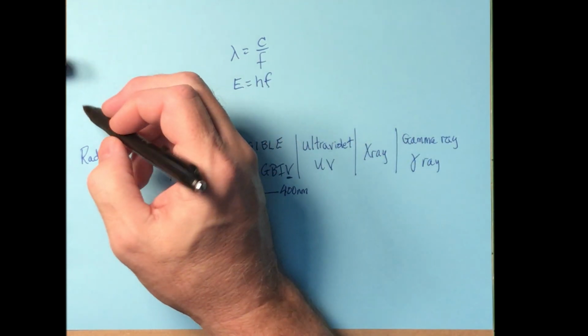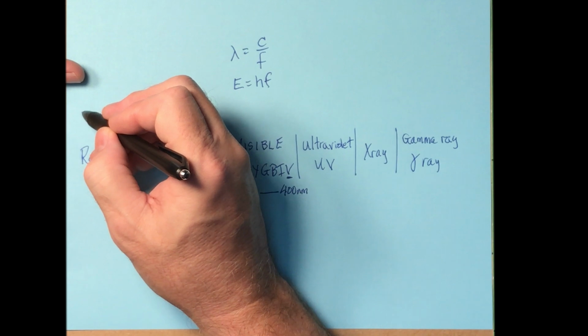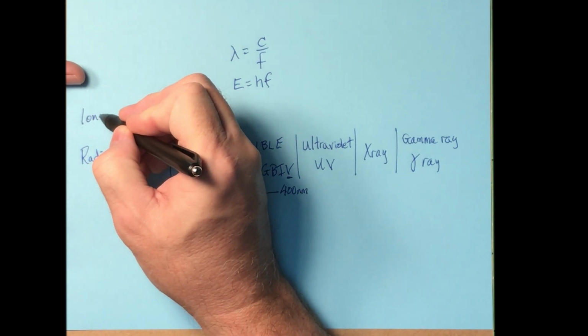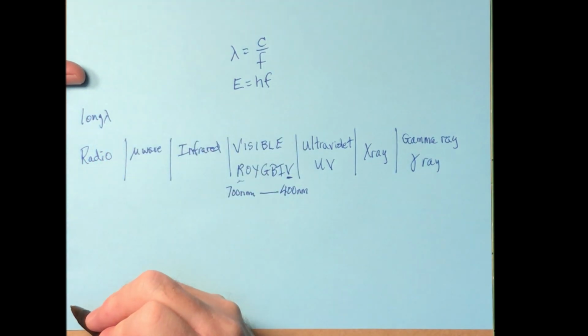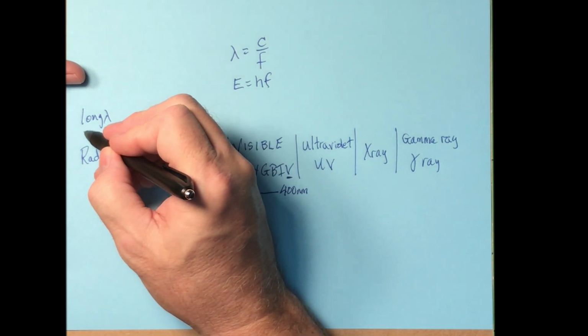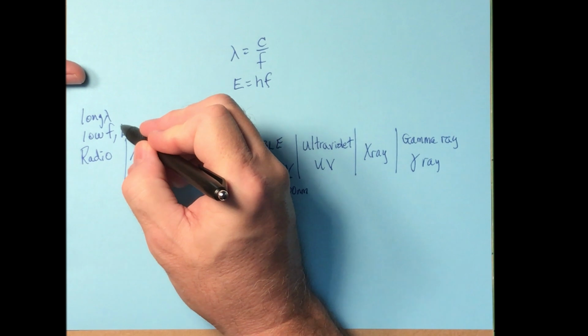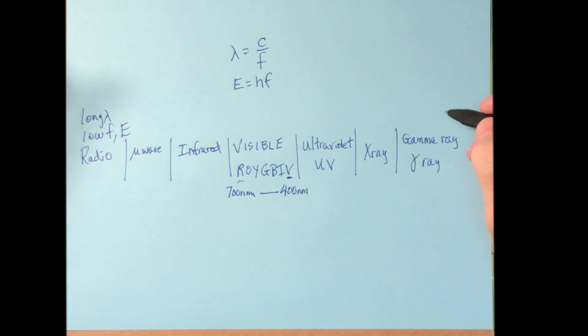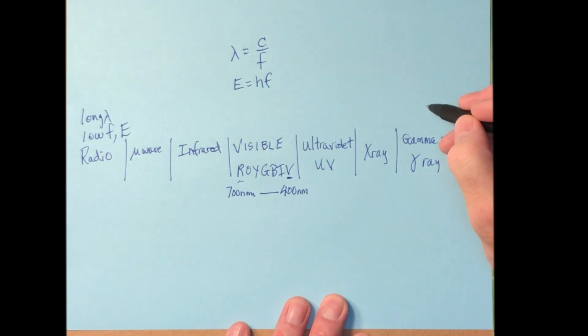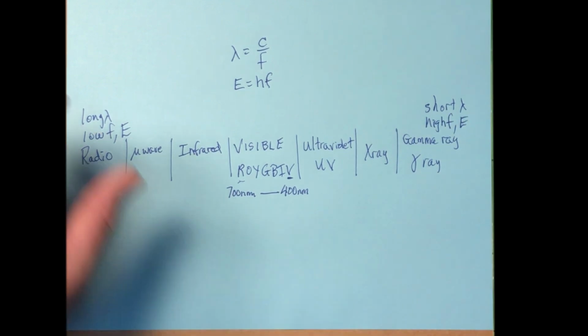and energy. So this down here represents the long wavelength region, therefore low frequency region and low energy region. Whereas the opposite end of the spectrum is the short wavelength, high frequency and energy end of the electromagnetic spectrum.